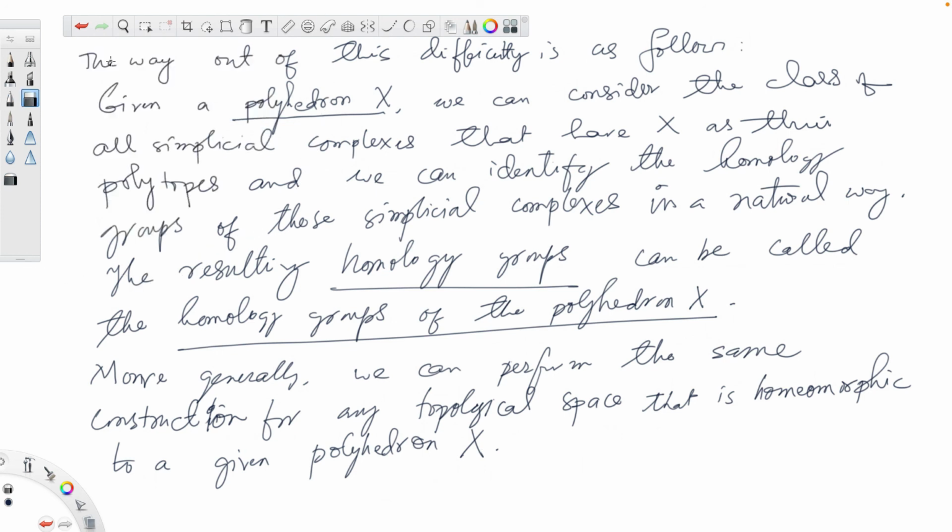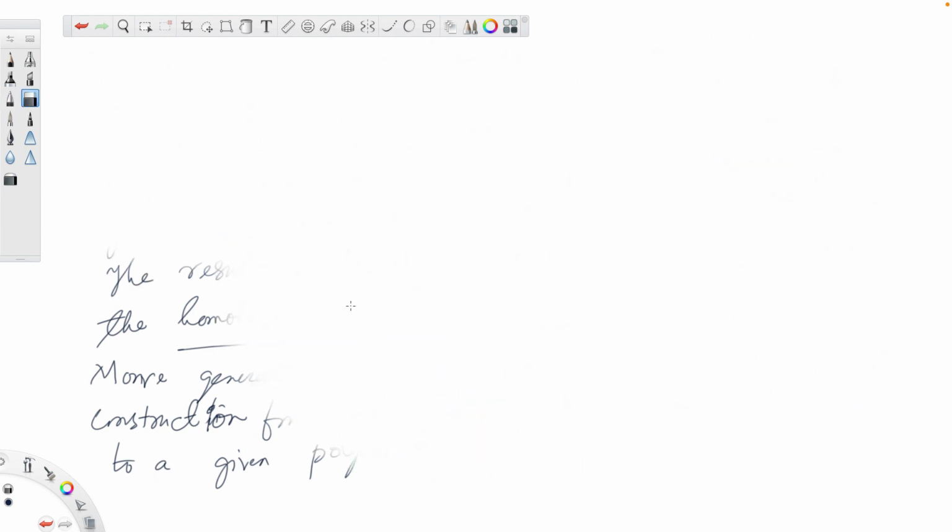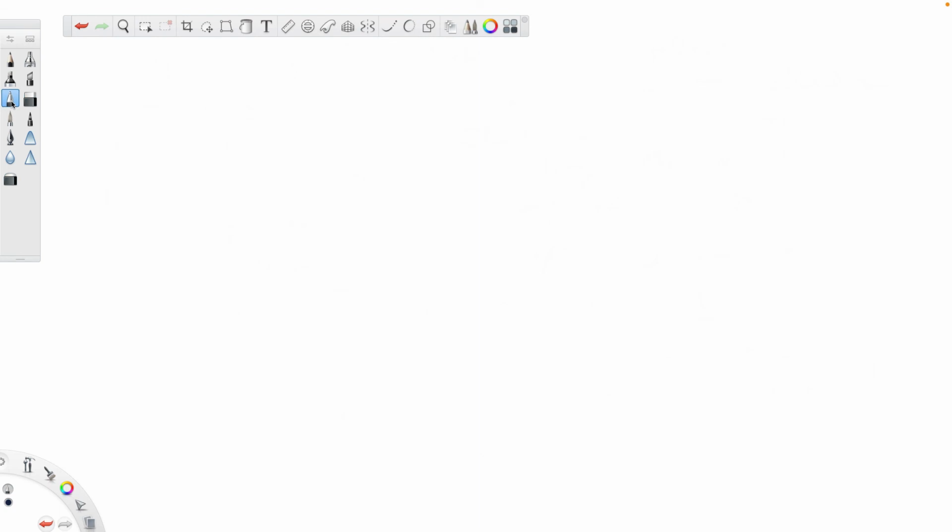So let me now give you this very important definition of triangulation that will give us a very important category, the category of triangulable pairs of topological spaces. Definition of triangulation.